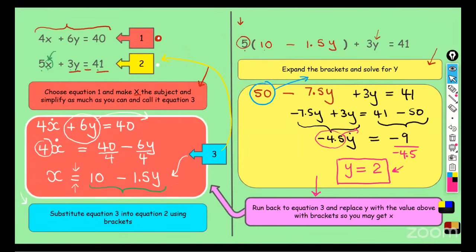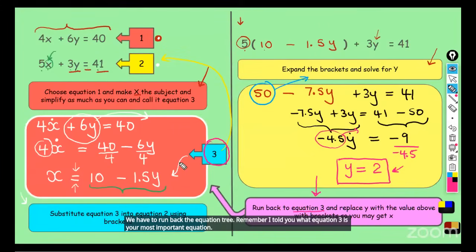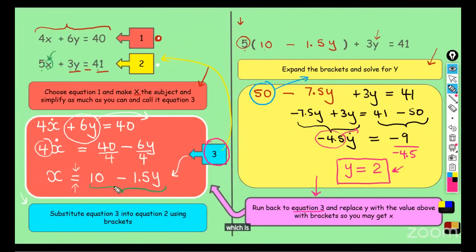All right, so let's look at that last step. The last step says we have to run back to equation 3. Remember, I told you all equation 3 is your most important equation. When you run back to equation 3, which is x is equal to 10 minus 1.5y, here's what we're going to do.